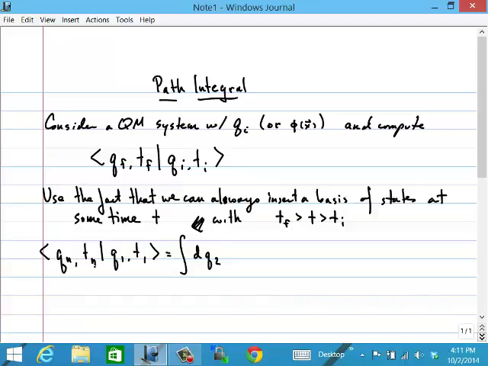Okay. So here, t initial is t1, t final is tn, and so forth.